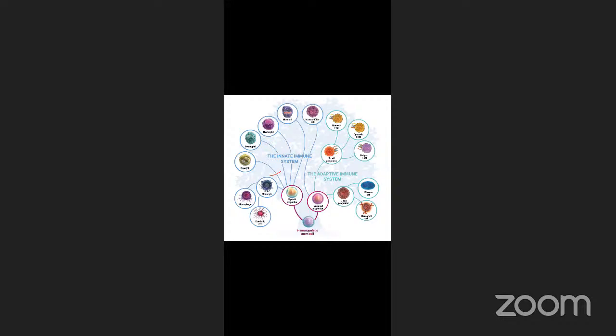Coming to the other secondary lymphoid organ, mucosal associated lymphoid tissue, MALT. MALT also acts as a secondary lymphoid organ. We have different types of mucosal associated cells, rich in macrophages and designed to facilitate antigen trapping.